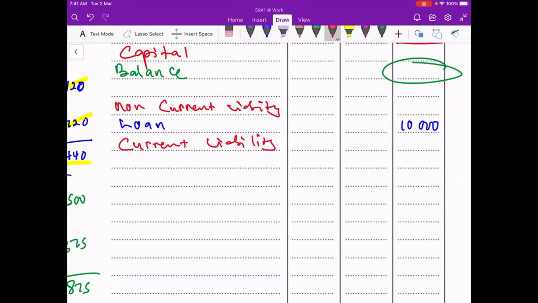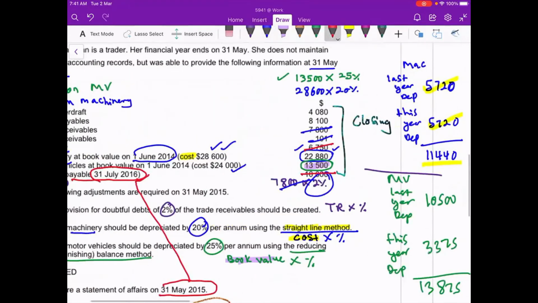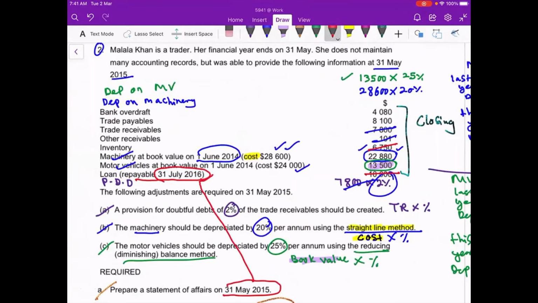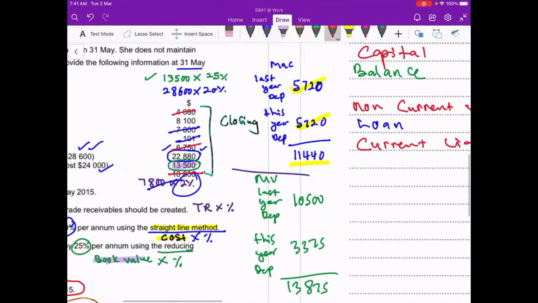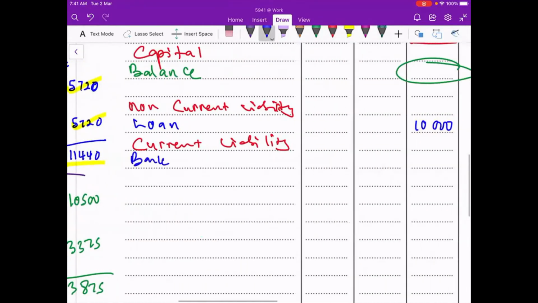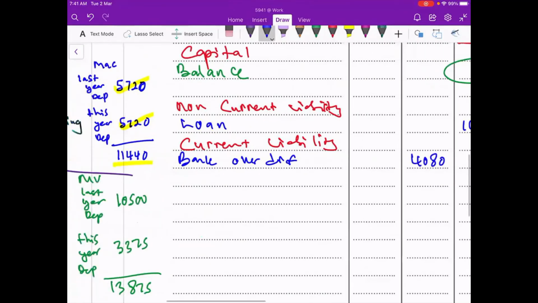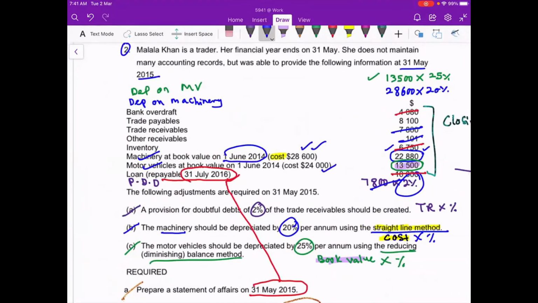After that, the last one will be current liability. Do you have any current liabilities? Yes, I can see my bank overdraft. So I write bank overdraft first. My bank overdraft is 4,080. Do you see any other current liability?